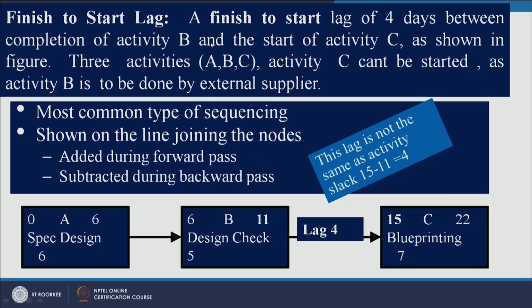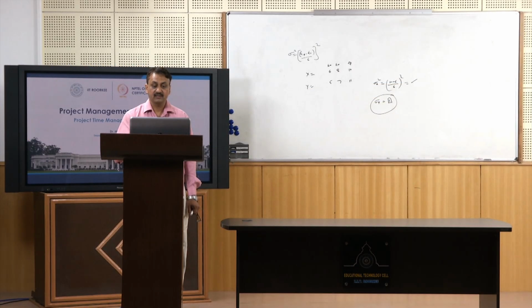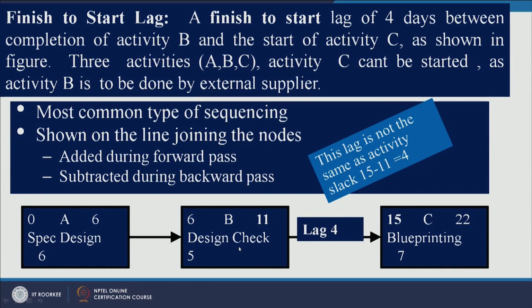So, finish to start lag is there: there is a lag of 4 days between activity B and C. You have done specification design, but the next activity, which is design check, is being performed by a third party, and the third party will take 5 days to complete this activity.